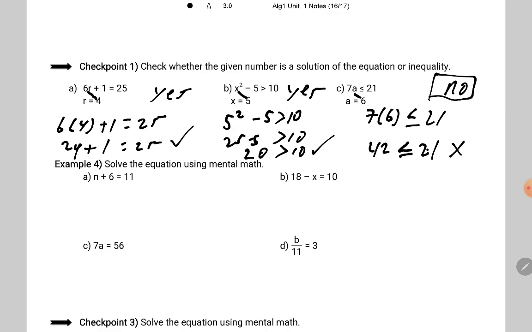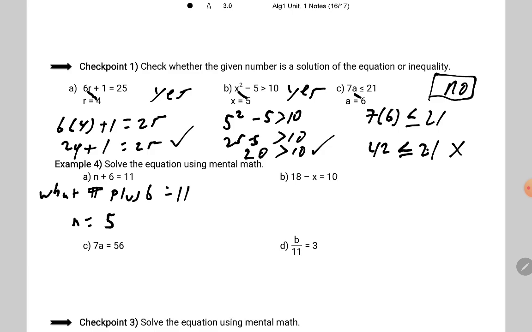Solve the equation using mental math. Okay? So what number plus 6 equals 11? Hopefully, you know this to be 5. And we're just going to say n equals 5. 18 minus what number is 10?